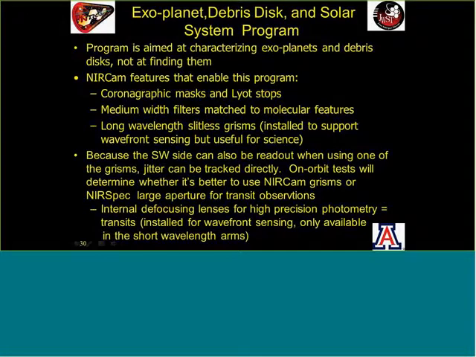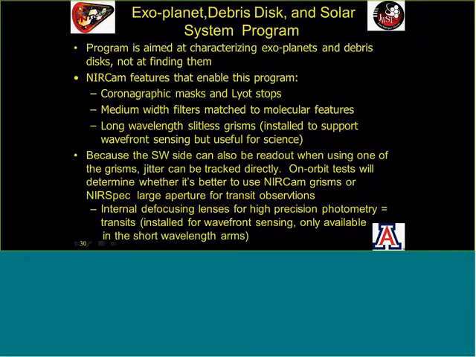And I've already highlighted some of the features that NIRCam has that makes these programs possible, and I'll show a little bit more about the GRISMs in a moment. And when it comes to exoplanet transits, there's a very interesting characteristic of NIRCam with its dichroic.